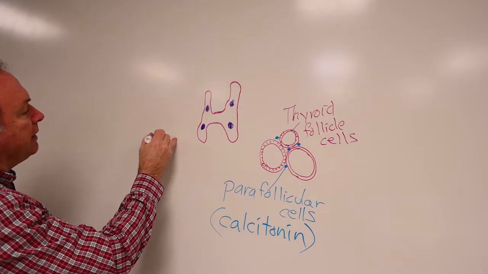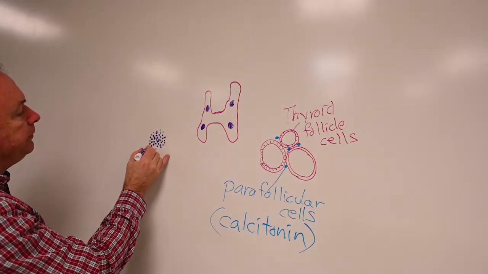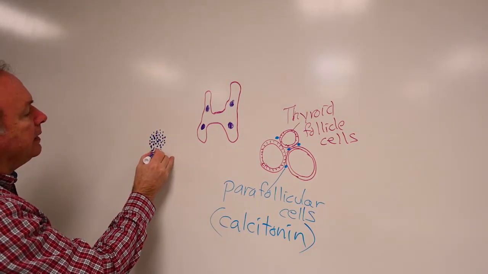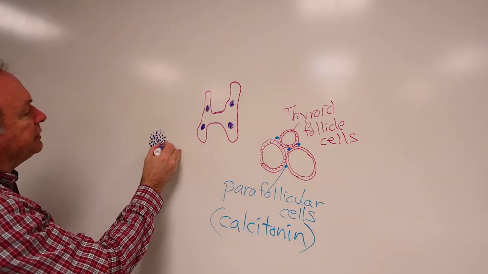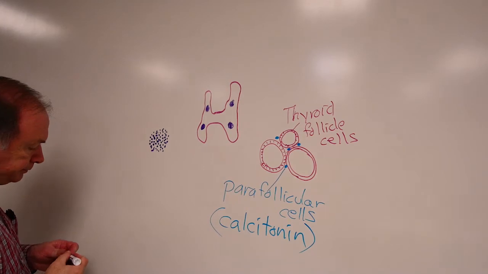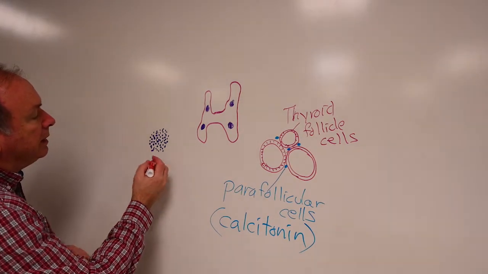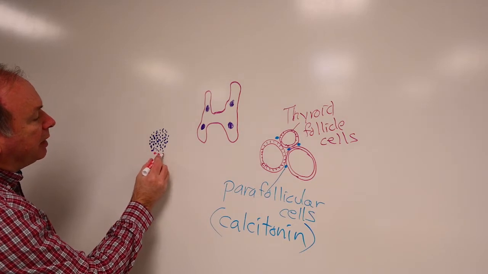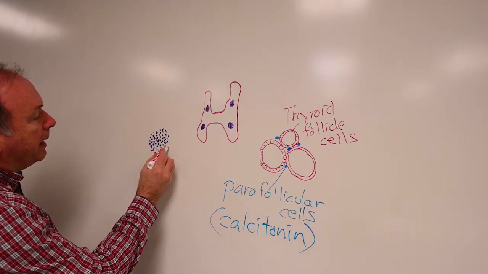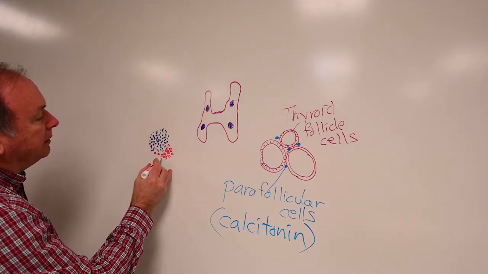Small, dark staining, they stain well with the basophilic stains. And then there's another cell type that is not basophilic. These are a little bit larger cells, called oxyphil cells.